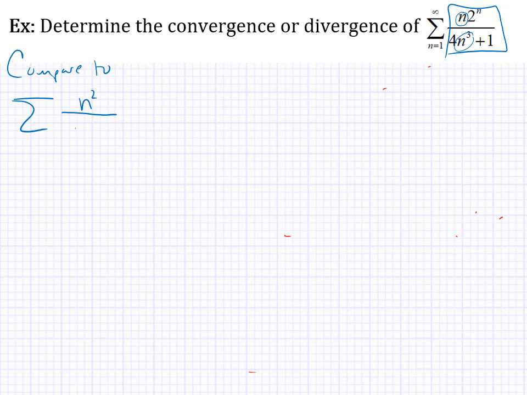Actually, no. Here, remember, if I divide by this fraction, I'm going to flip this and multiply. So the n squared actually has to be in the bottom so that it multiplies up here. And then if I have a 2 to the n up here to come down into the denominator of this one to match up with the 2 to the n, then this would be the series that should work.